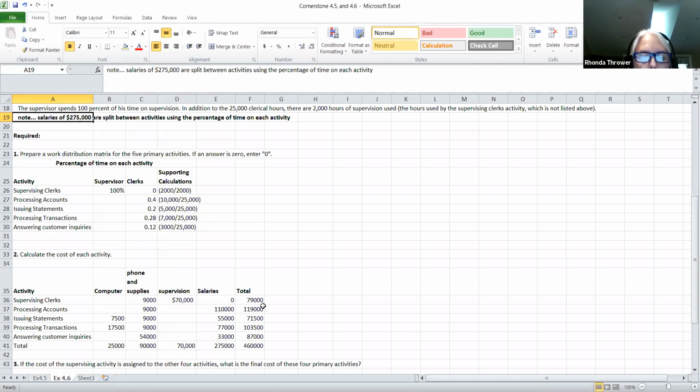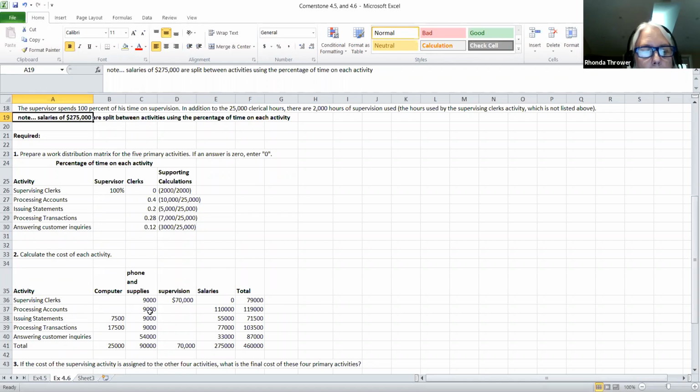And then out to the side, this is what they're really asking you for when they're asking you to calculate the cost of each activity. Supervising clerks, the cost of supervising clerks is 79,000. It was the phone and supplies that the supervisor's using plus their salary gives you 79,000.